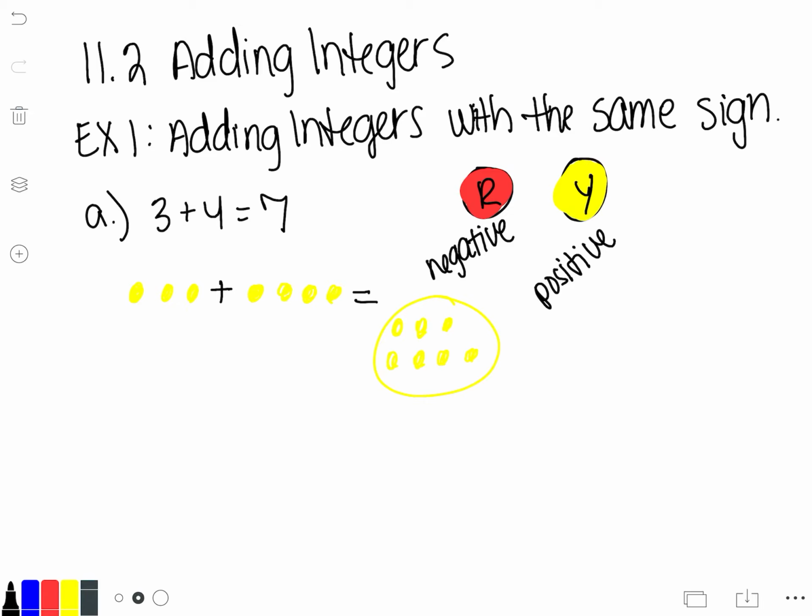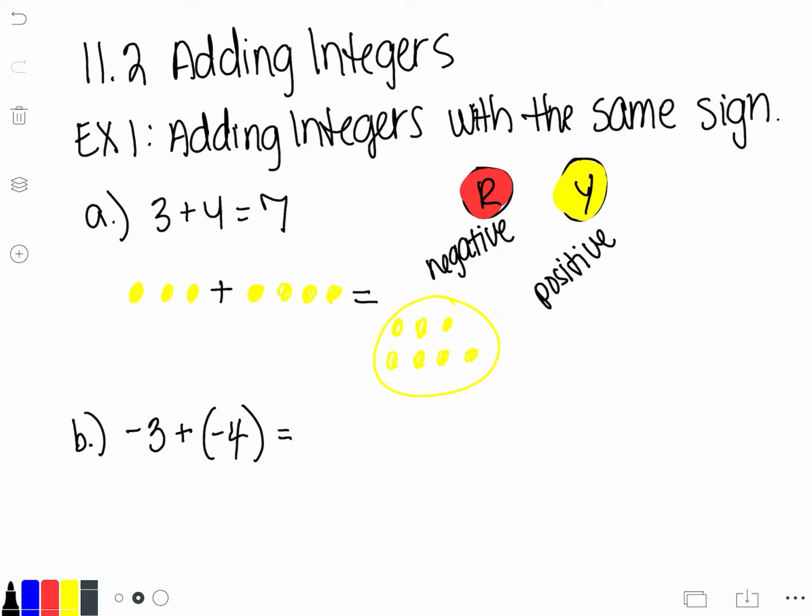Now let me show you what it would look like when we have negatives. Let's say example B, we have negative 3 plus a negative 7. You'll see that the negative 7 is in parentheses, and that's just to separate the signs. I meant to make that a 4. Sorry, guys.